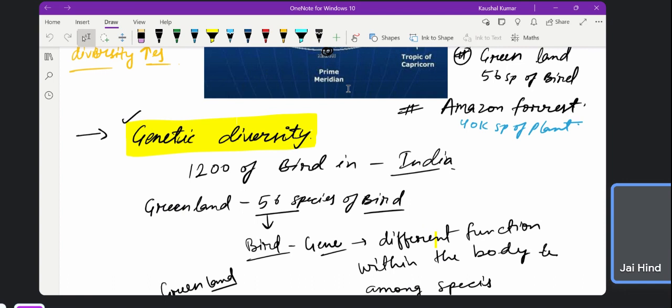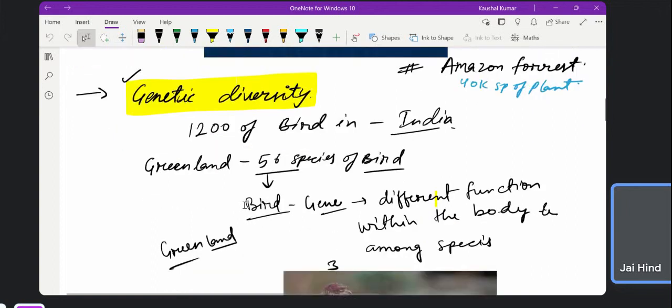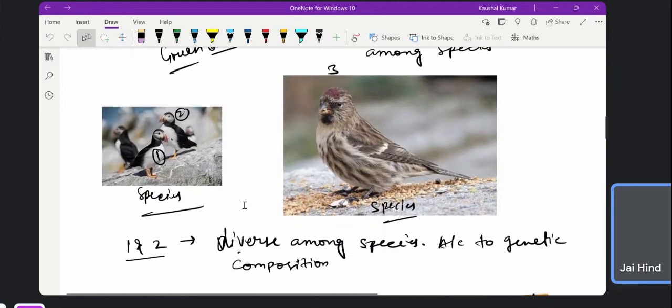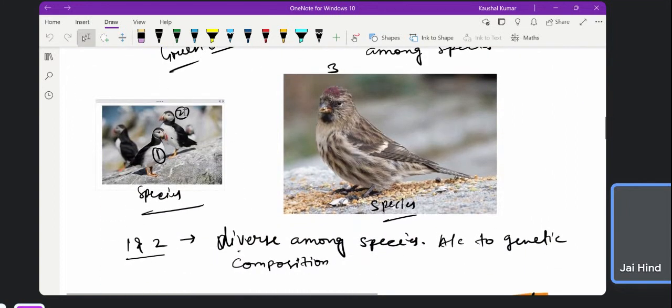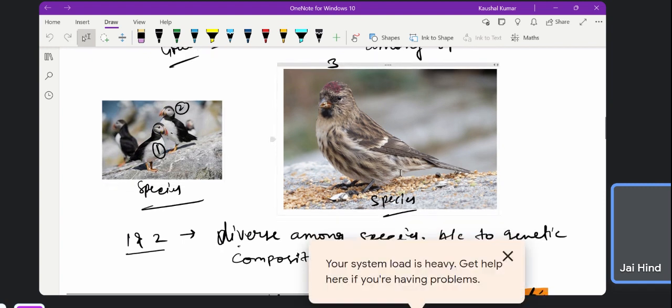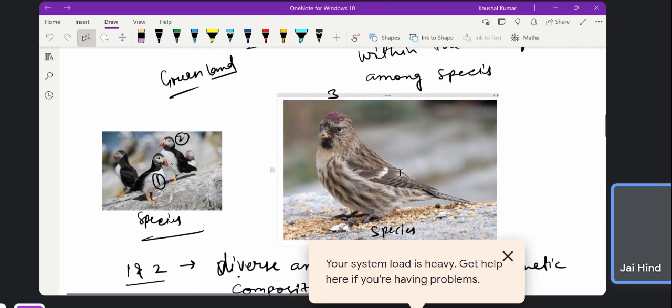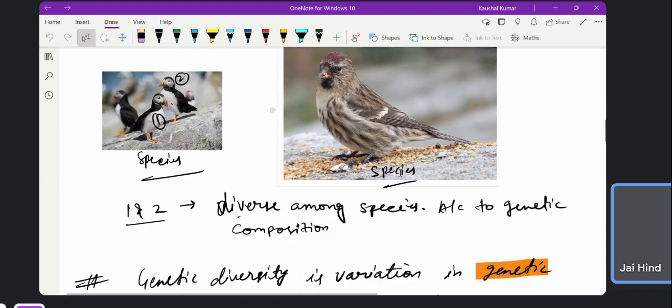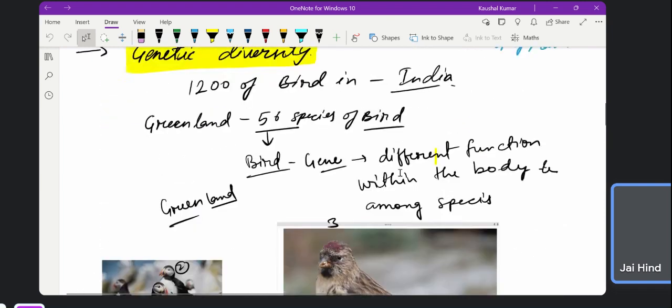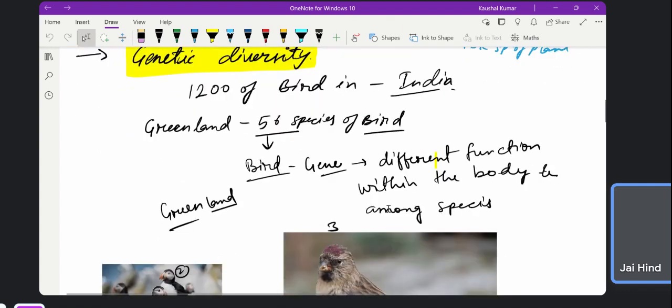You and I are of the same species, like you are not a lion and I'm not a wolf, but we are both human, even though we have different genetics. The important thing in genetic diversity is that the genetic composition should be different.